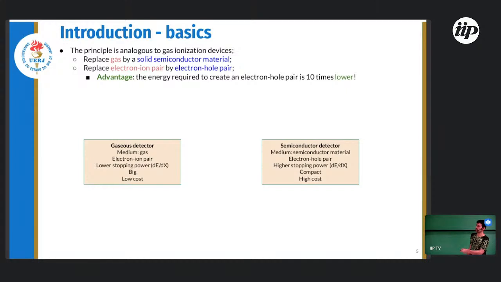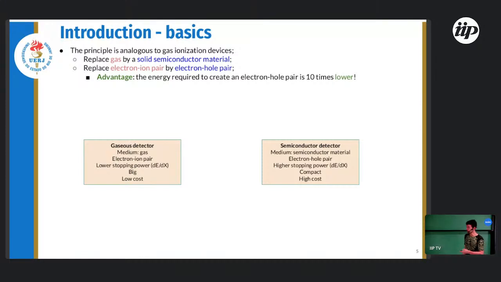Concerning the dE/dx, in the gaseous detector there is a low stopping power, low dE/dx, and in the semiconductor it is high. Another difference is that normally gaseous detectors are bigger, very large, while the semiconductor ones are compact. We will see a picture that shows the difference between the two of them. And also, the gaseous detectors have low cost. To build big detectors, the cost is not that much, but unfortunately for semiconductors, the cost is very high.